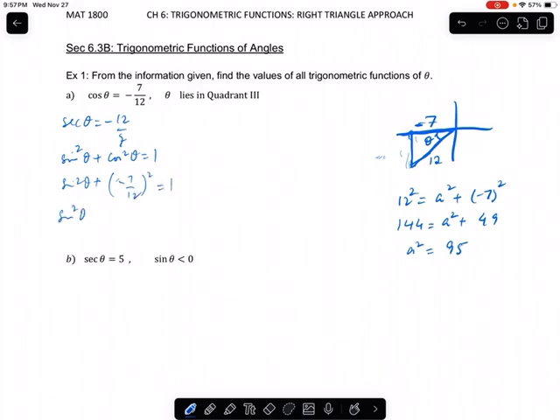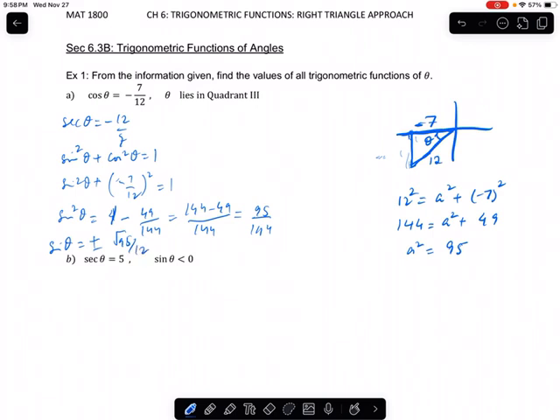Then sine square theta will be 1 minus 49/144, or 144 minus 49 over 144, which is equal to 95/144. So sine of theta will be plus minus square root of 95 over 12.